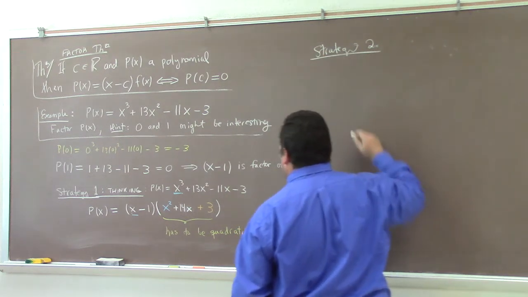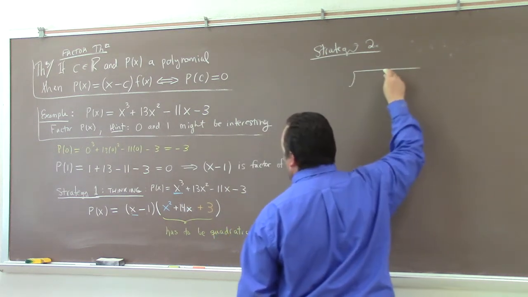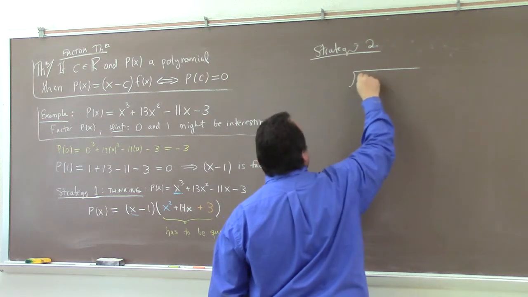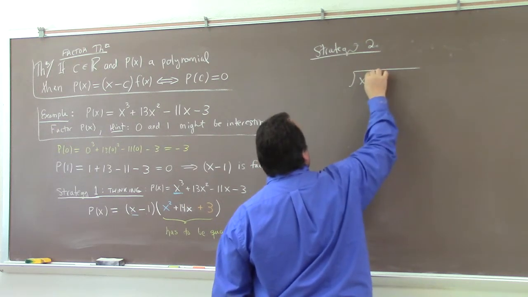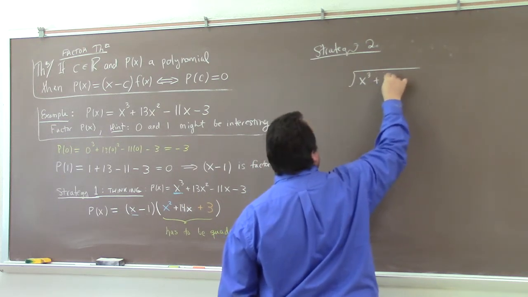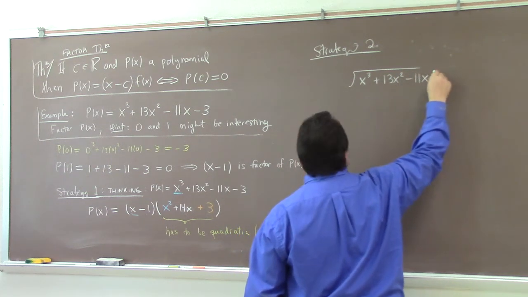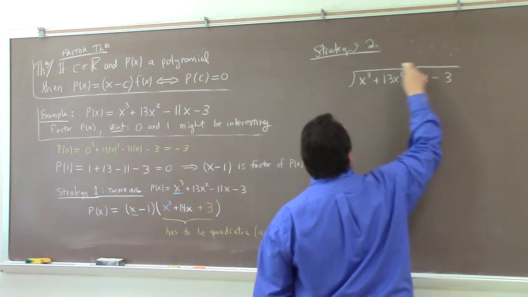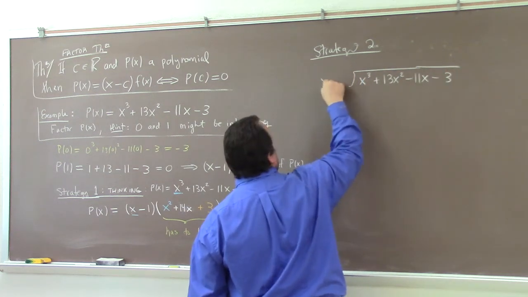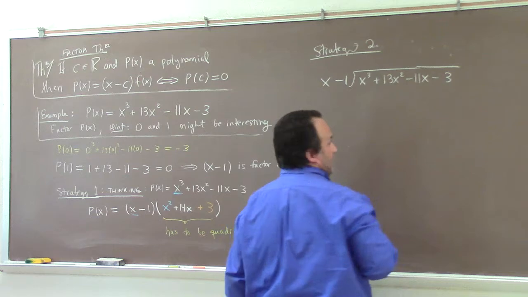Long division. So what we do is we take our x cubed plus 13x squared minus 11x minus 3, and we just divide this x minus 1 up in there. See what happens.